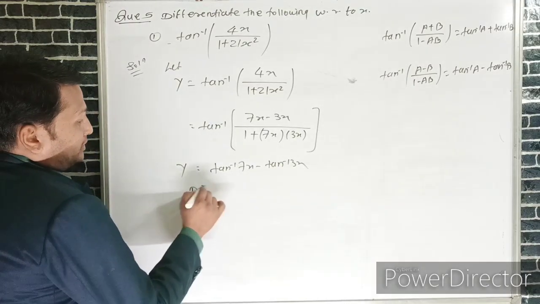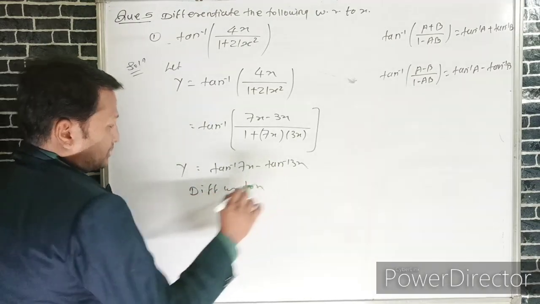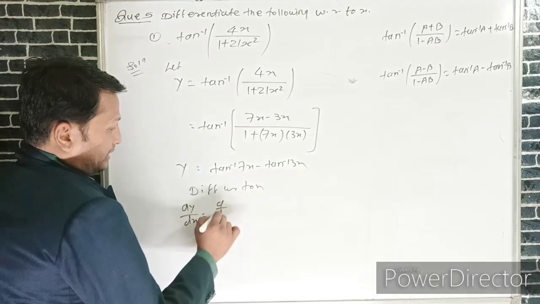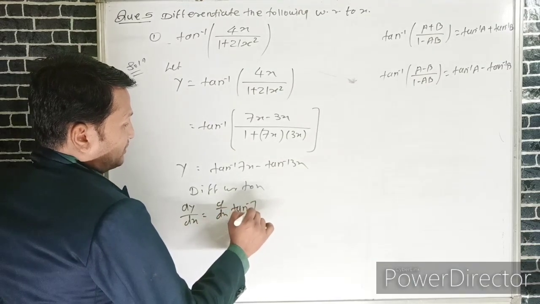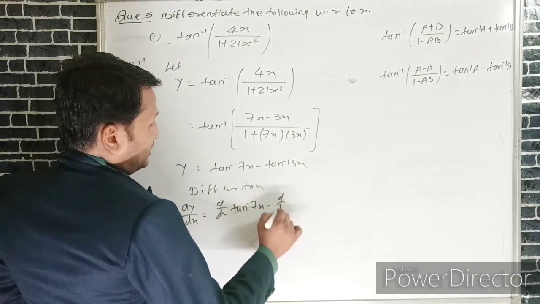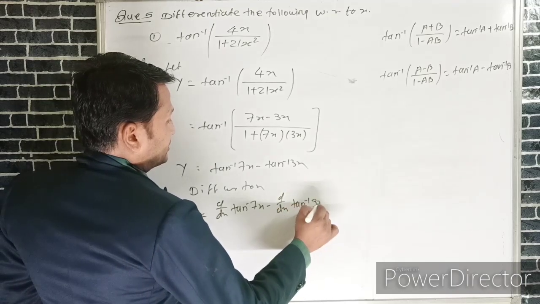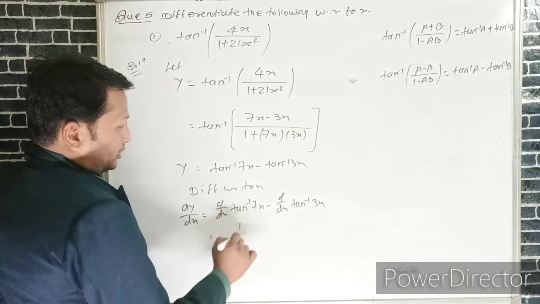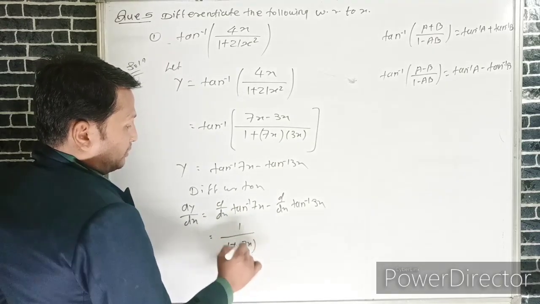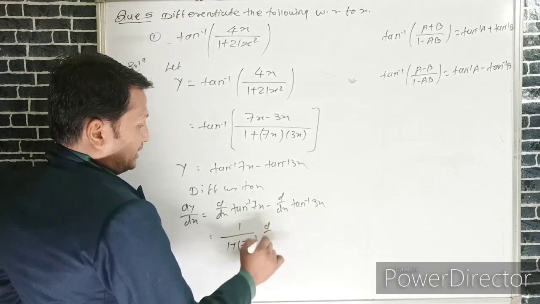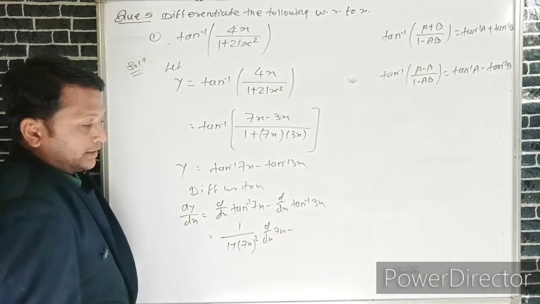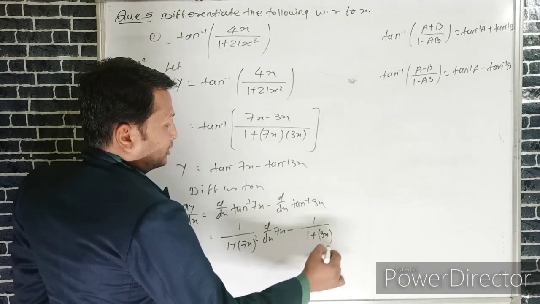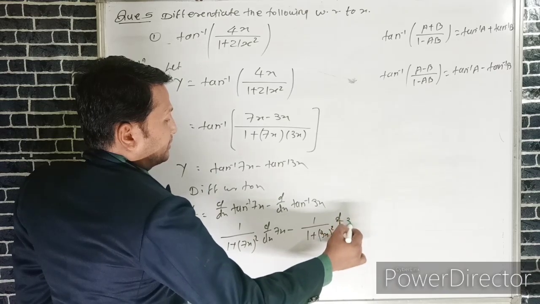If we differentiate the given function with respect to x, then we can write the derivative of y is dy by dx. Here we can take the derivative of tan inverse of 7x separately, minus again the derivative of tan inverse of 3x separately. We know that the derivative of tan inverse is 1 upon 1 plus 7x whole bracket square into the derivative of 7x, minus 1 upon 1 plus 3x whole bracket square into the derivative of 3x.